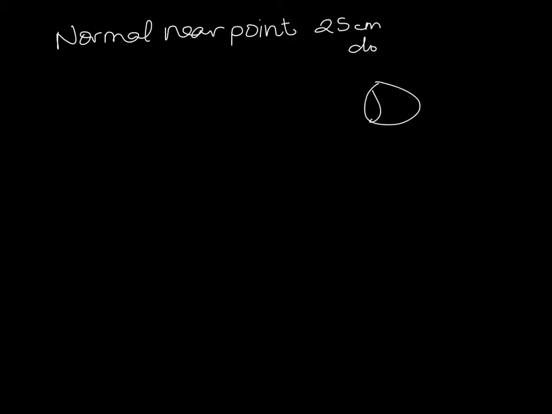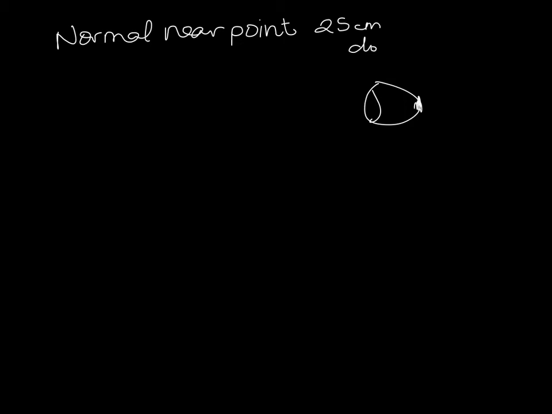Now the normal near point for people, the closest that normal people can see, is 25 centimeters. That's kind of like the standard near point. So this would be our object distance. And then our image is still the back of the eyeball. This is uncorrected, without your glasses on.